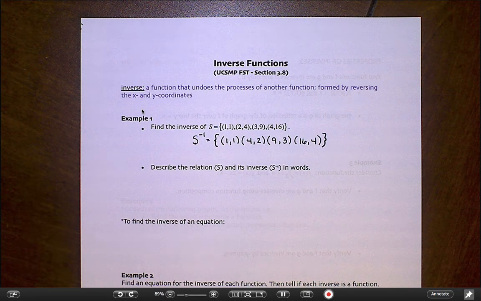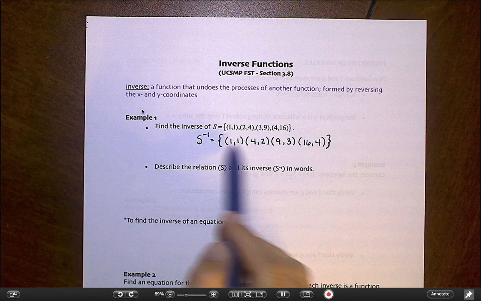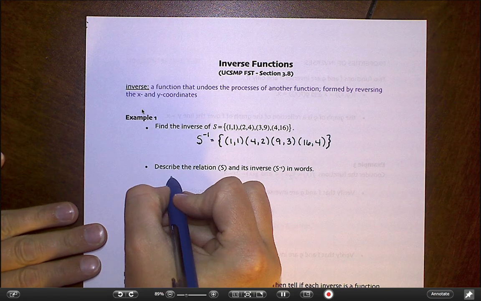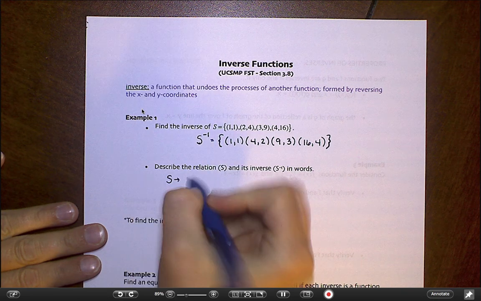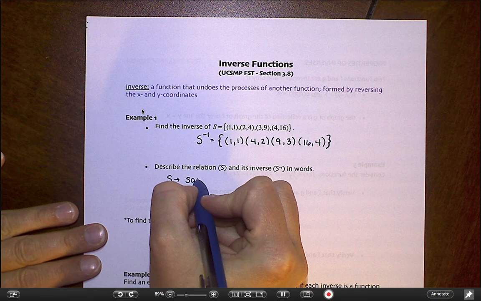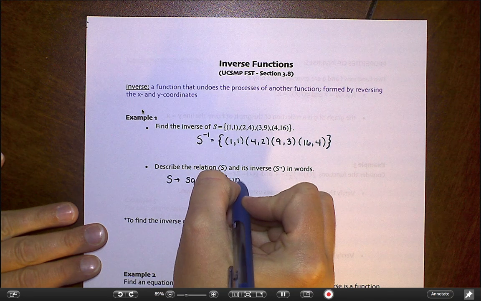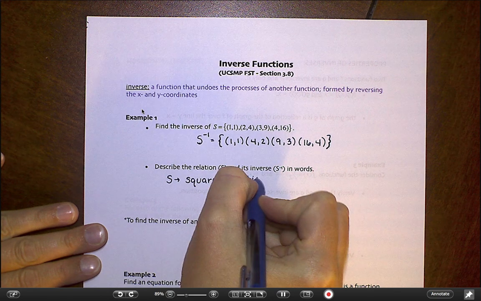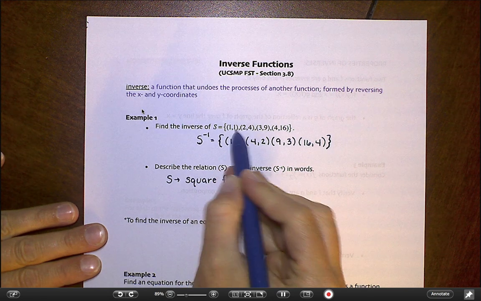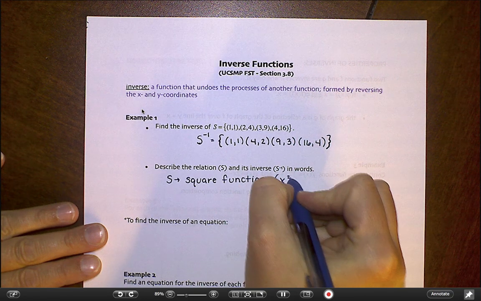Okay, so describe the relation S and its inverse in words. I just want to know, do you recognize what's going on here? How are these numbers linked together and how are these numbers linked together? And I hope that you're seeing that S is the squaring function. So 1 squared is 1, 2 squared is 4, 3 squared is 9, so on, otherwise known as x squared.